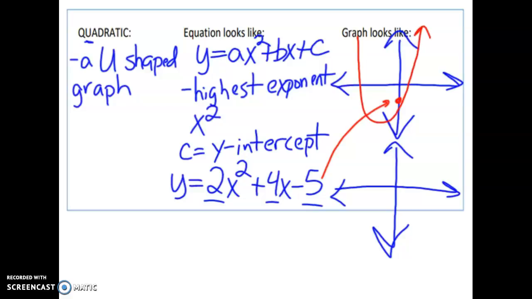Now this one is upward, and this is when the x squared has a positive in front of it. Okay, and that's key. Now this one I'm going to draw out would be a negative, so that one's facing down, and this would be a negative x squared because of that. Okay, if you have any questions on that, please let me know.